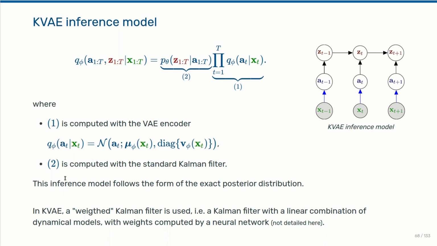In this case, differently from VRNN, the inference model follows the form of the exact posterior distribution.